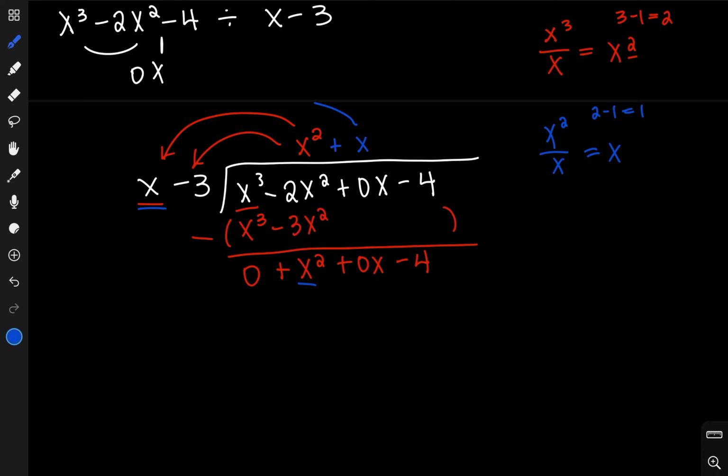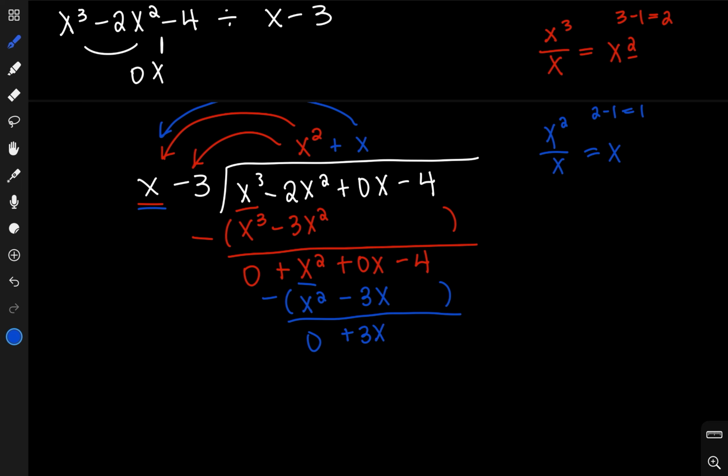And then we're going to multiply by the terms again. So x times x is going to be x squared. X times negative 3 is going to be negative 3x. I'm going to subtract again. X squared minus x squared is 0. 0 minus negative 3 is going to be positive 3.